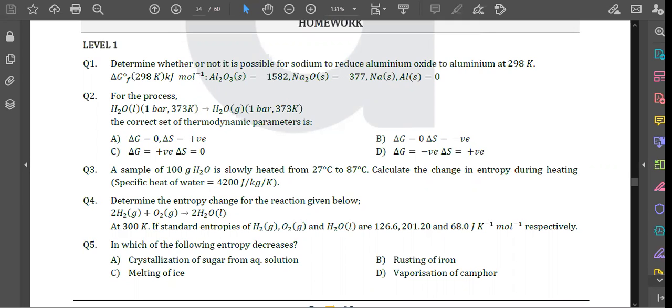Okay. So 1 to 5. Anyone have any doubt between 1 to 5?